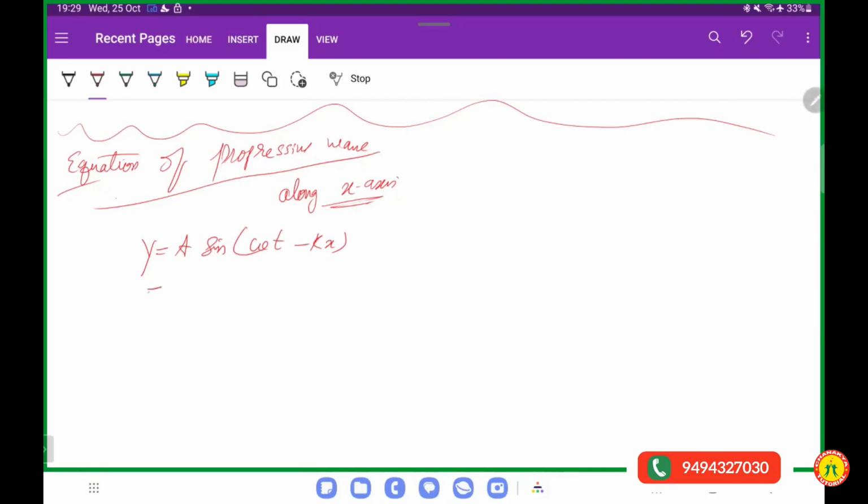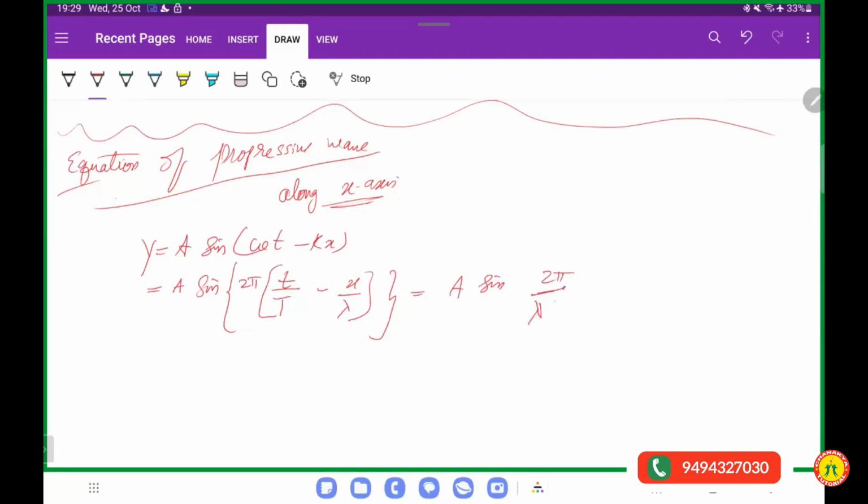So omega we can write here: a sine 2 pi by T into t, minus x by lambda, equals a sine 2 pi by lambda, (v t minus x).